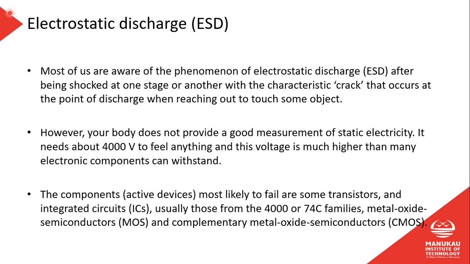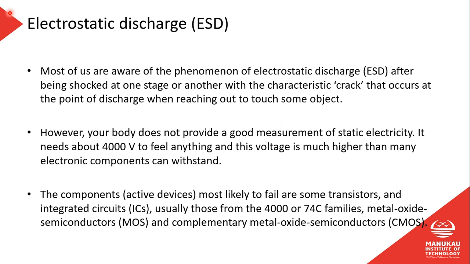So we know what electrostatic discharge is. We've talked about this in depth. But as a quick recap, a static charge builds up on your body or on some other item. It can build up via friction. When we get that friction, we get a charge build up on an object.